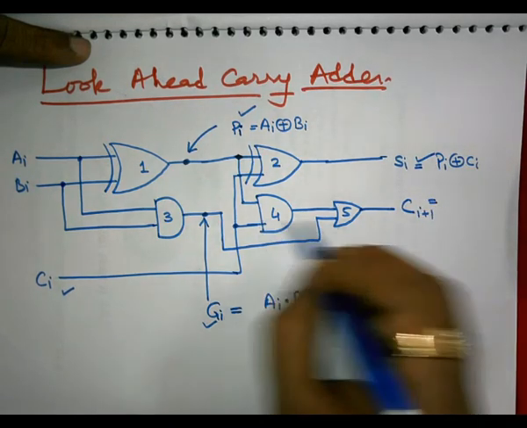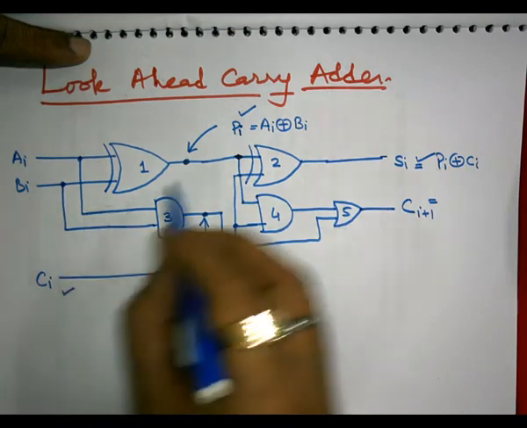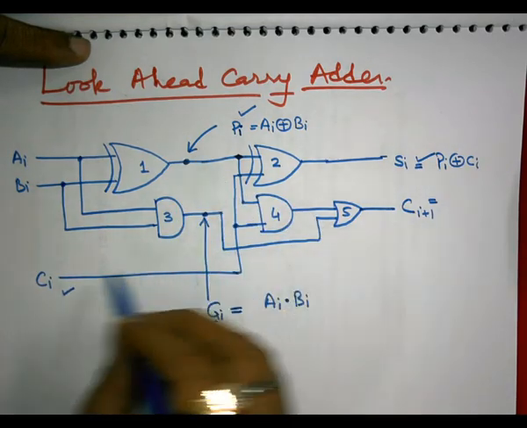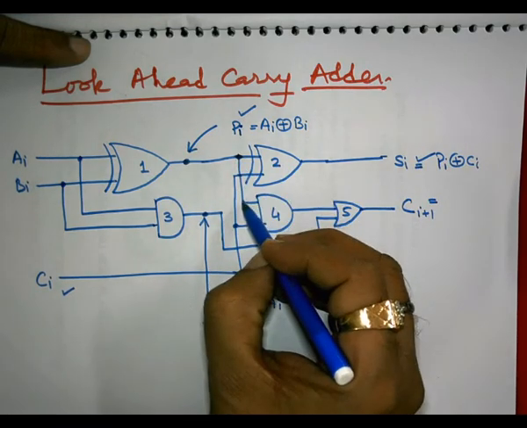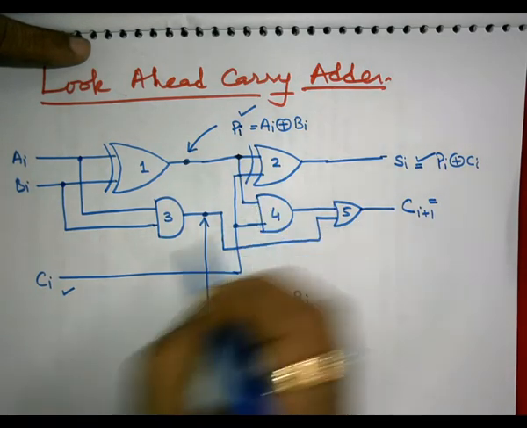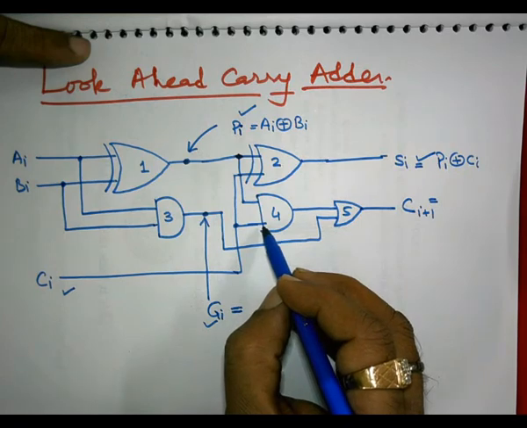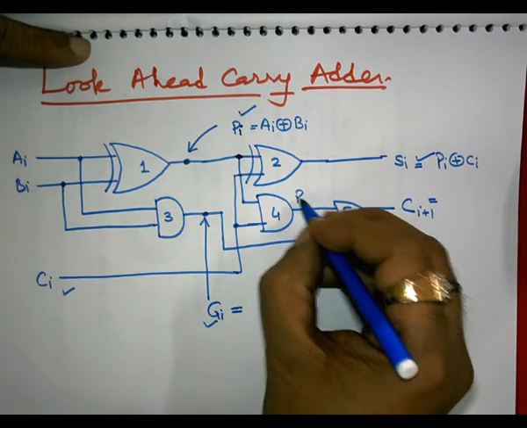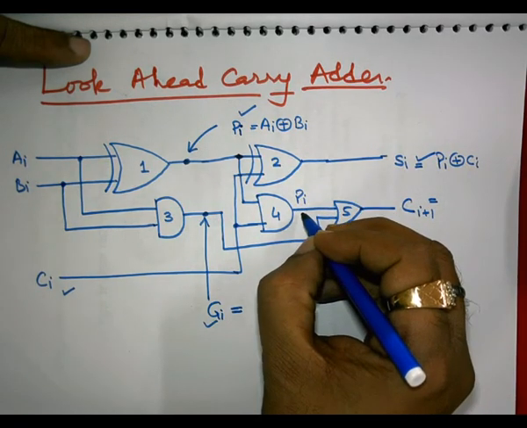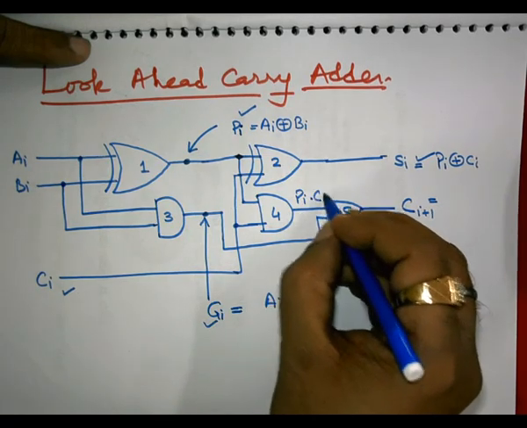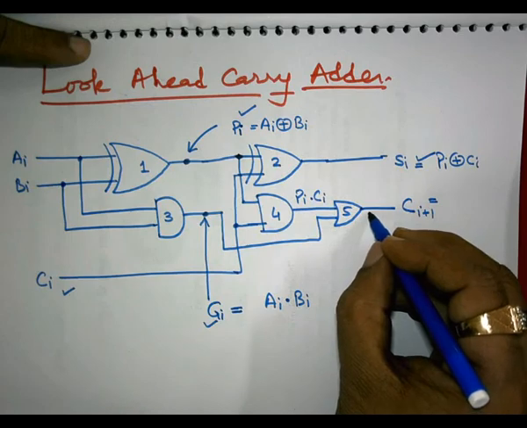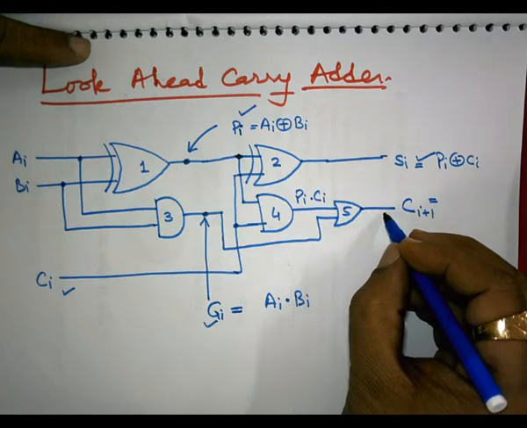And what about this CI plus 1? This CI plus 1, if it is expressed in terms of PI, GI and CI, then it is equal to PI ANDed with CI. The output of gate number 4 is PI ANDed with CI, and the OR over here is giving CI plus 1.